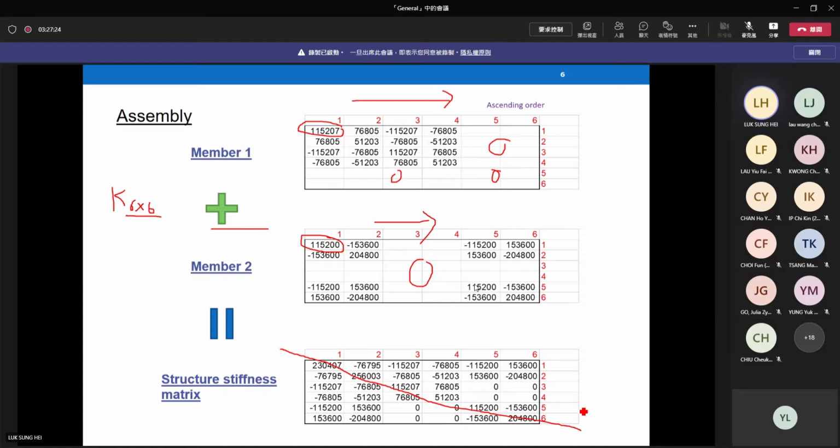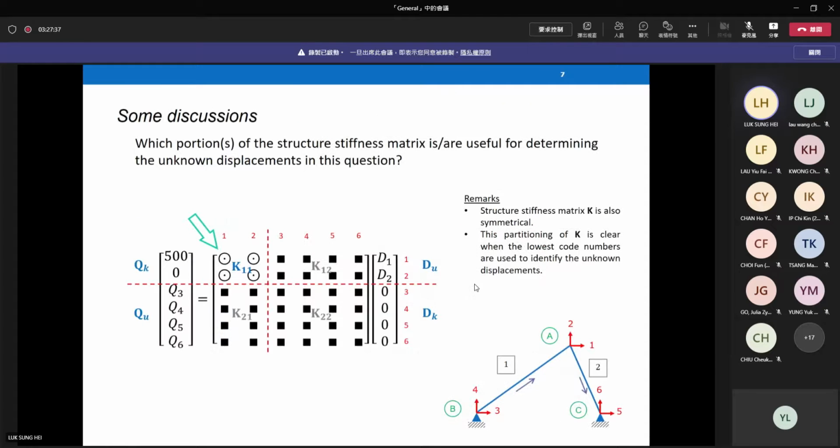Before doing this addition, I encourage students to have a look at the overall force displacement relationship. Before knowing K, I suggest students have a look at the overall force displacement relationship. You can actually do it at the beginning in step 1.